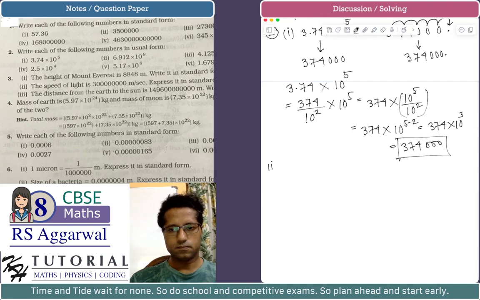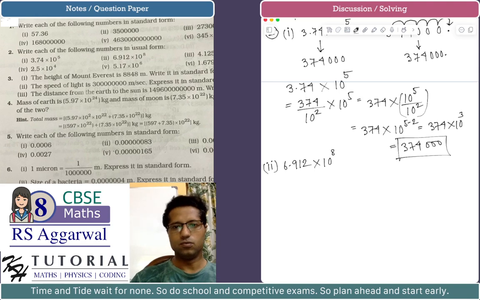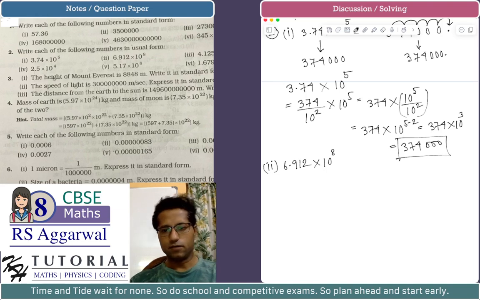Part 2 is 6.912. So I think mathematically, while you are solving it, it's better you apply the second method instead of the visual one. Okay, so I have this. I have to convert it into the usual form. So I know 6.912 will be in fraction form 6912 divided by 10 cube. Why cube?